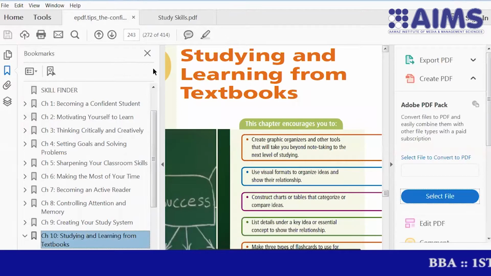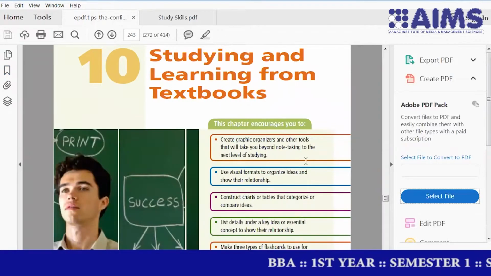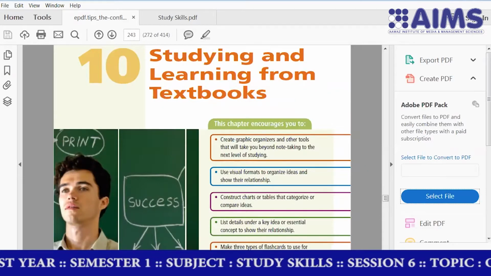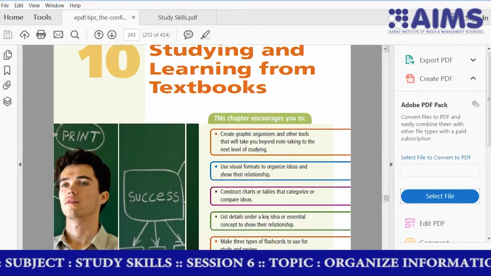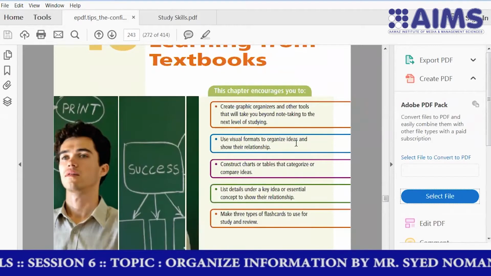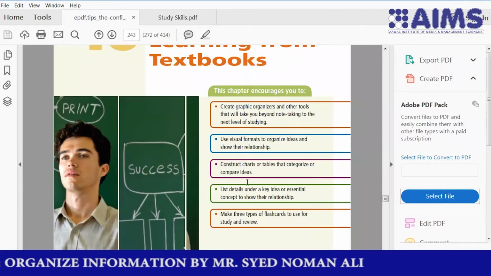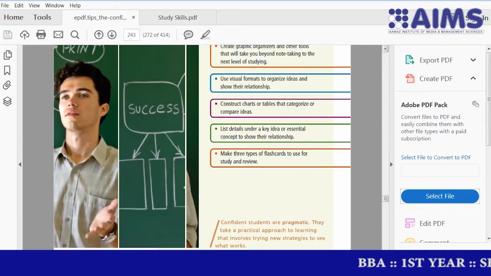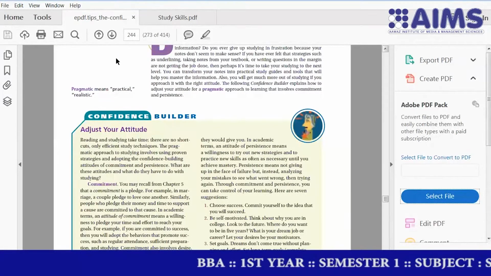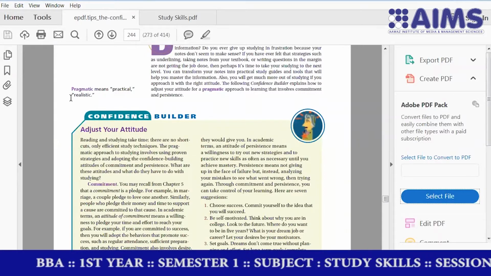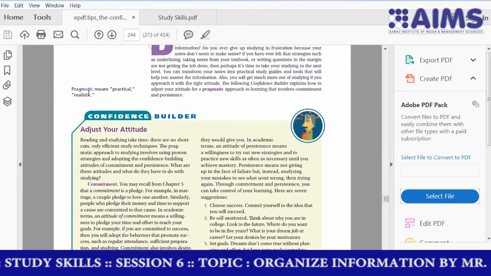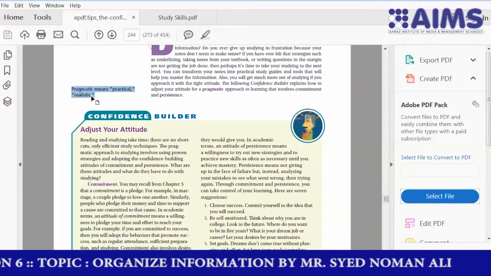Our learning objective is here: creating graphic organizers, how we can study the graph, how visual format is used, how we construct the chart and learn the ideas, and the use of flashcards. So here is an outcome. Pragmatic means practical and realistic.